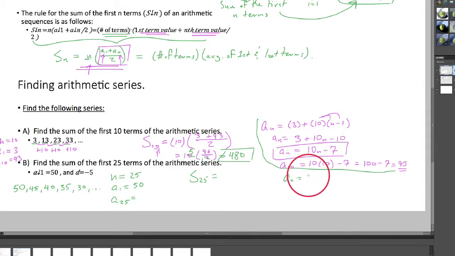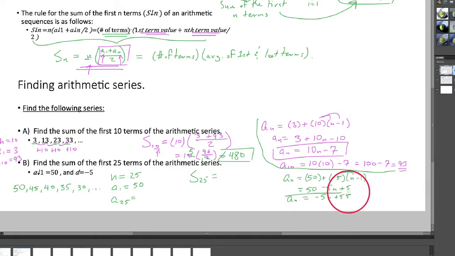The value of the nth term would be the value of the first term, 50, plus the common difference, which is negative 5, times n minus 1. Let's go ahead and distribute here. We get 50 minus 5n plus 5. And so combining like terms, we have the value of any given term in the nth spot is negative 5n plus 55.